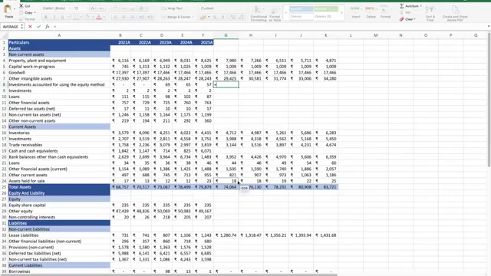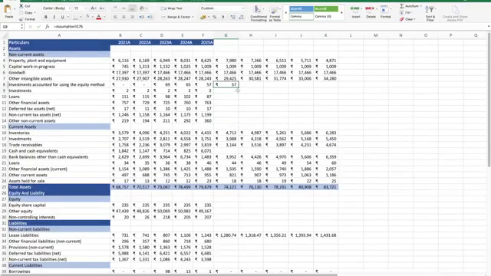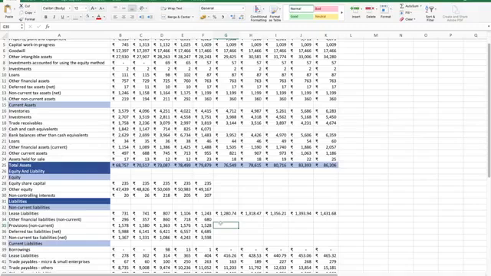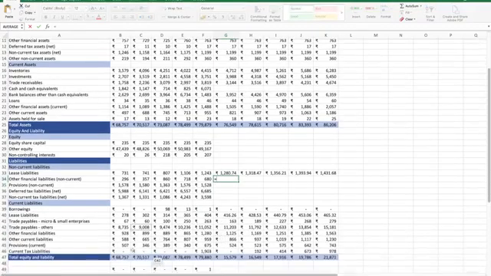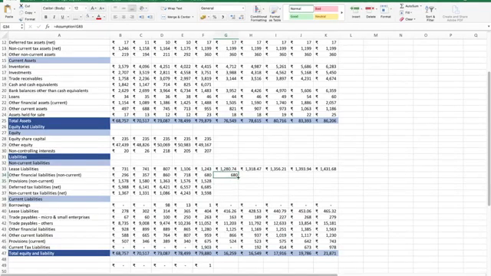That is why it may be slow, so I would request you to watch it at 2x speed. That would be better when you are working on it. All right, so we'll quickly link these components also. Drag it. Same logic here. Other financial liabilities, drag it. Done.